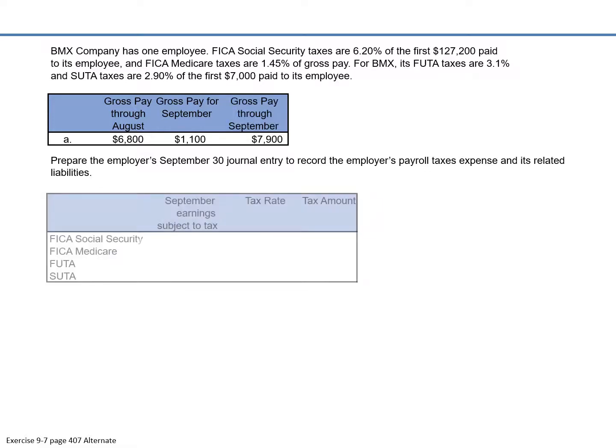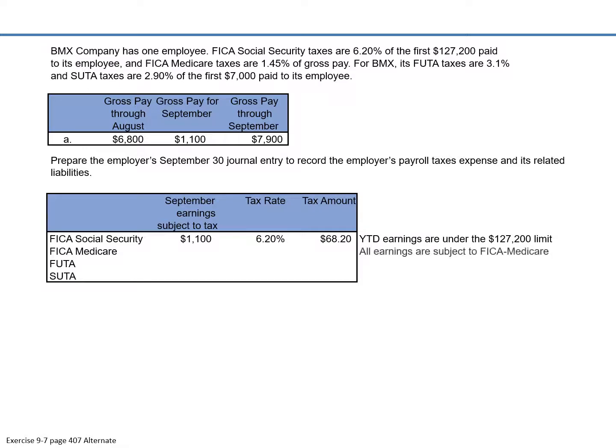All right, so let's compute the taxes for each of the categories. So you have FICA Social Security. All wages are subject to that, up to $127,200. So we haven't reached that in September, so all $1,100 is subject to 6.2%. Medicare, all earnings are subject to the 1.5%.